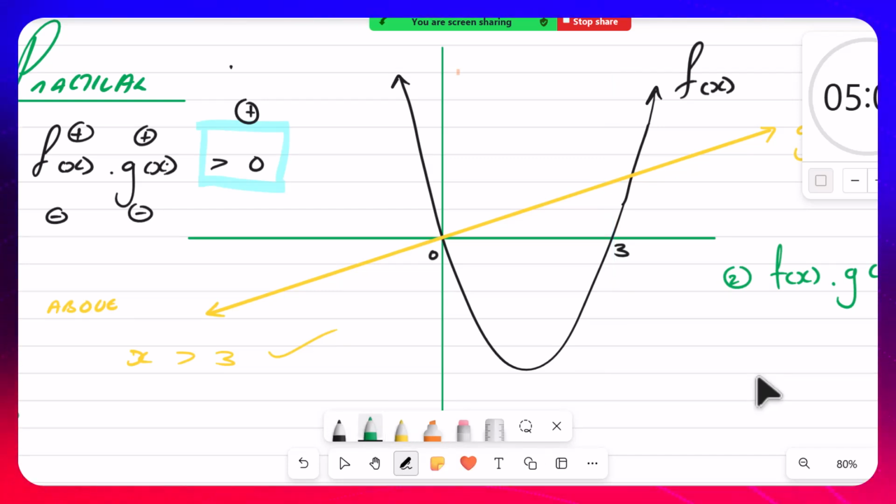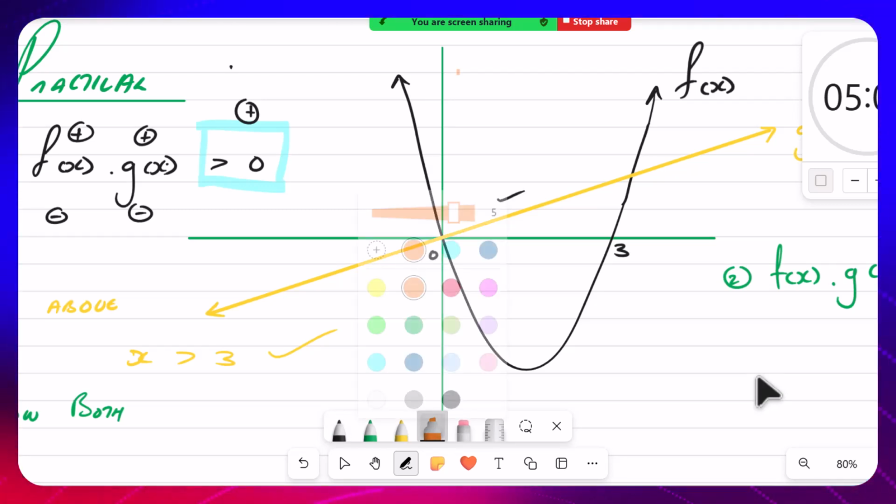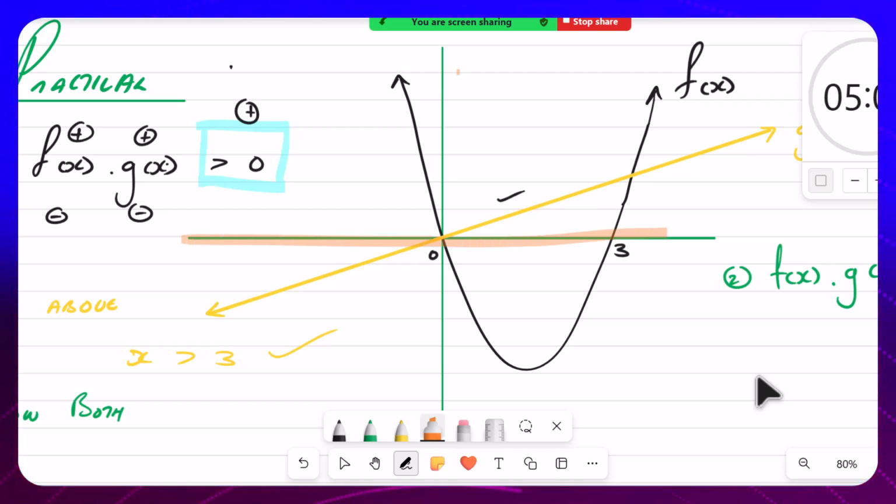With that, let's look for where both graphs are below the x-axis. Oba, help me out. For example, when x is less than 3, I guess. Or no, it won't apply. You see, in this case, g of x is above the x-axis. Remember, our reference point is the x-axis, right? If x is less than or equal to 0?